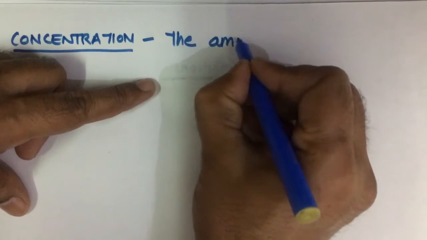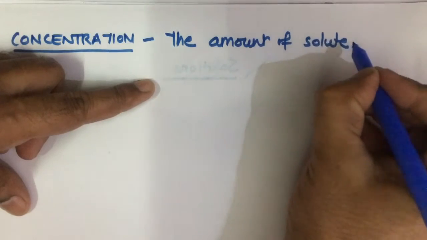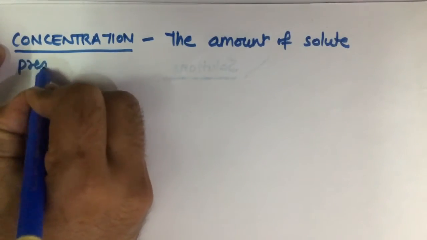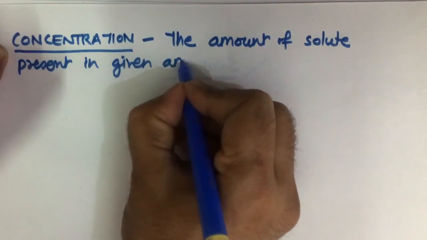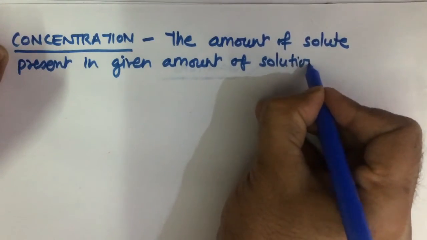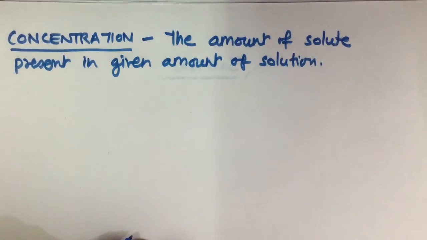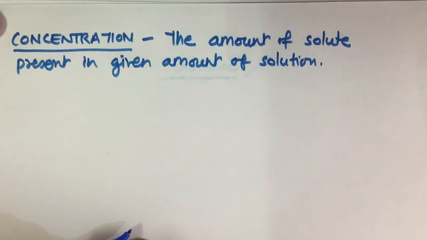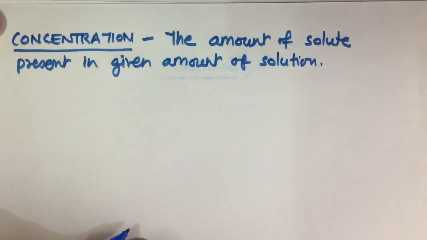The amount of solute present in given amount of solution is the concentration. Now if we say the solution is very concentrated, that means it contains more amount of solute, and if the amount of solvent is more, we call it as dilute solution.